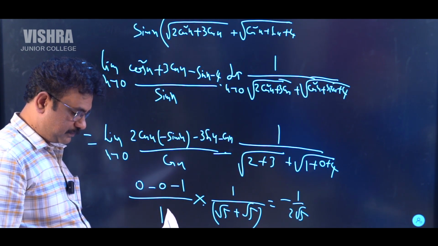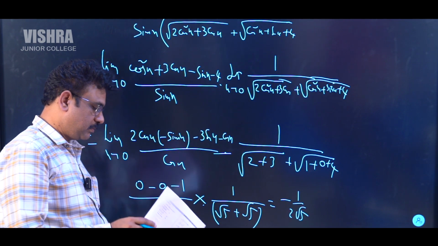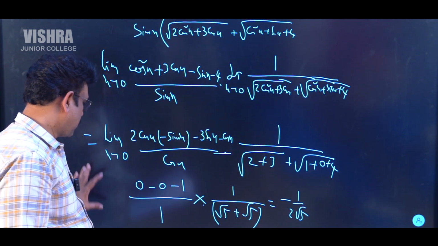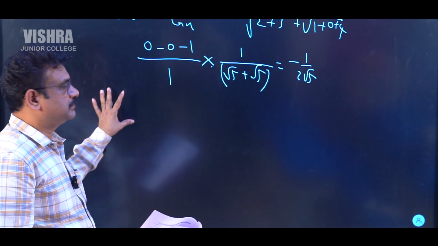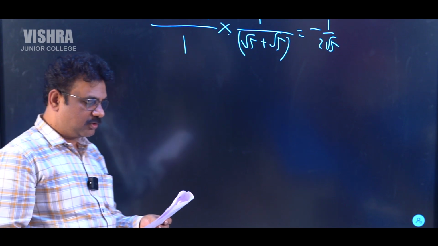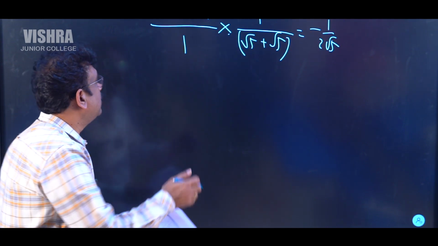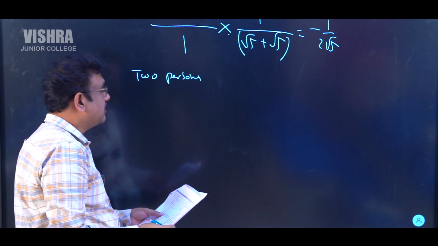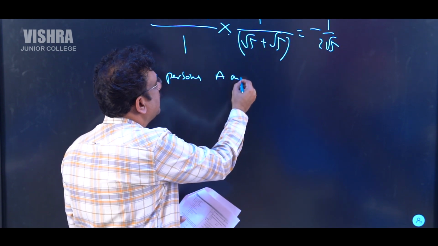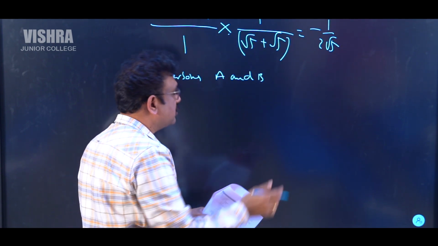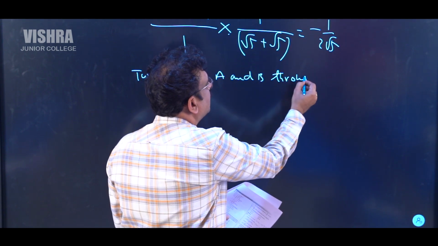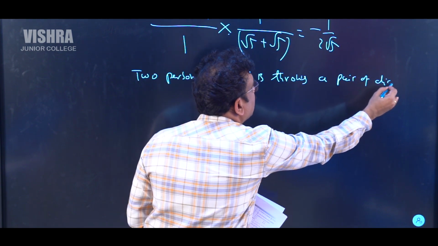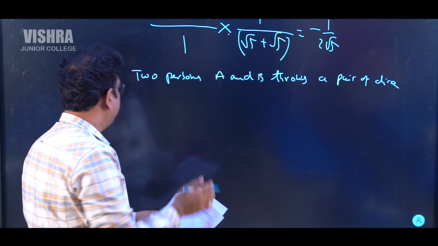Next problem. From probability: two persons A and B throw a pair of dice alternately.